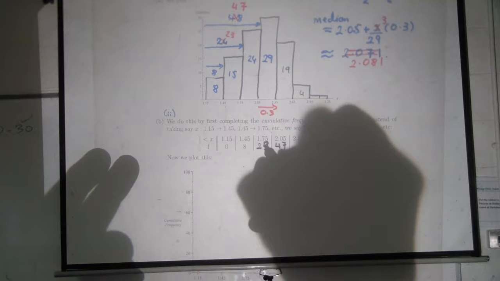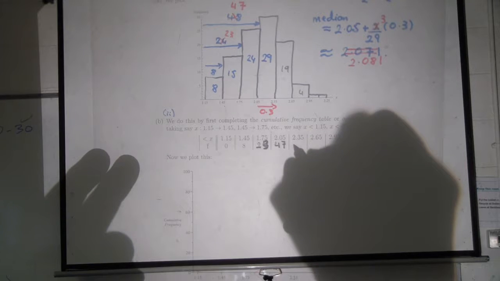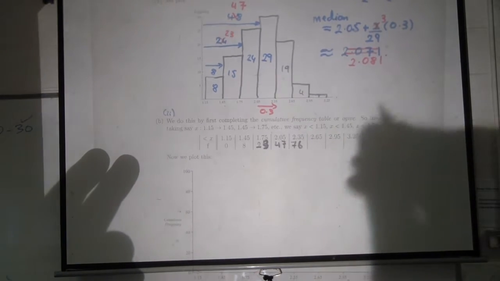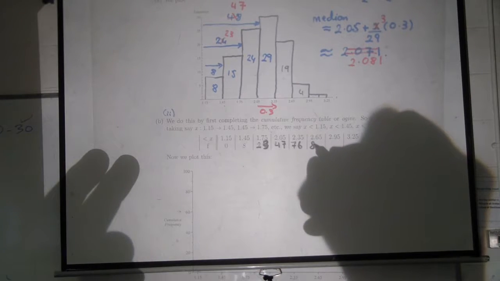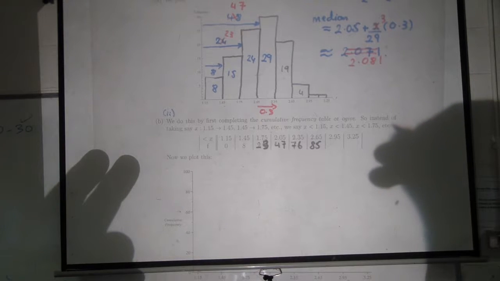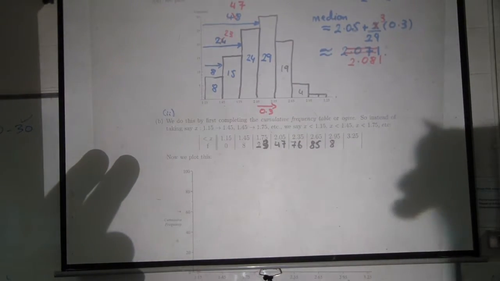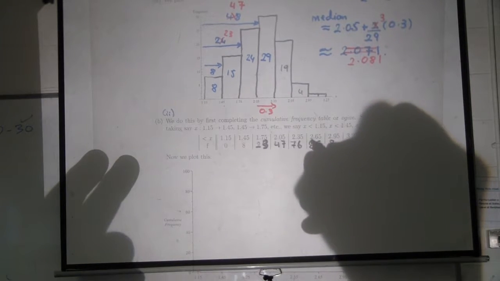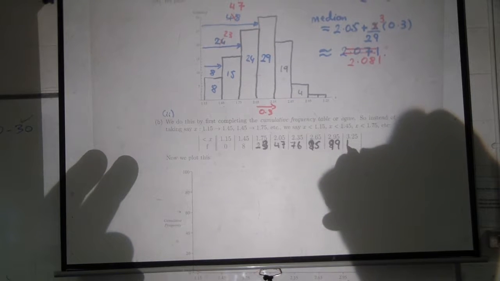The 47 is to the right. 76. Then add on 19 more. Get 85. Oh, this should be 95, shouldn't it? Oh yeah, that's alright. 95. 99. Okay, it's alright.